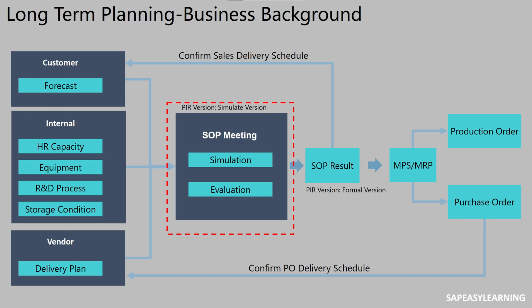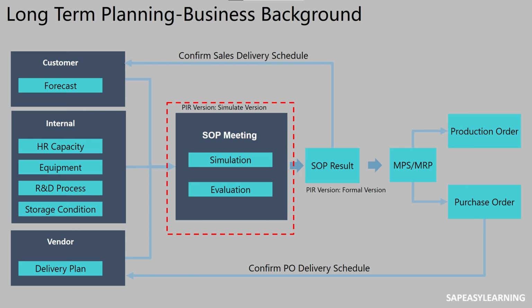And also in the SOP meeting, we will get the priority of each production to meet key customers' requirements. Finally, after the SOP meeting, we will get a proper production plan, which is agreed by all departments. Then the sales will inform our customer of the delivery plan.